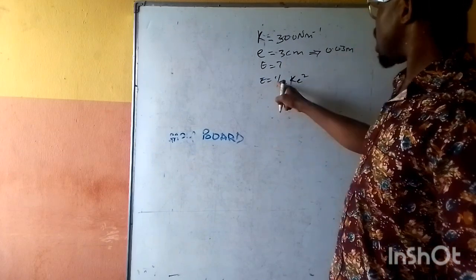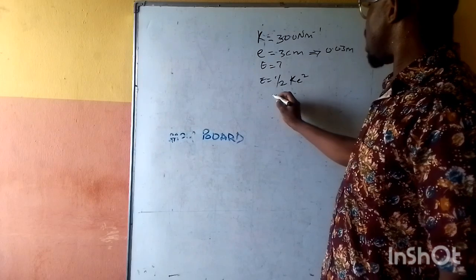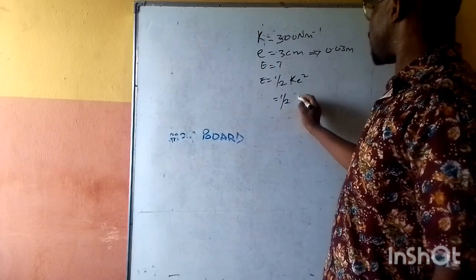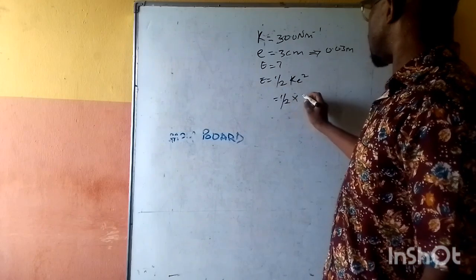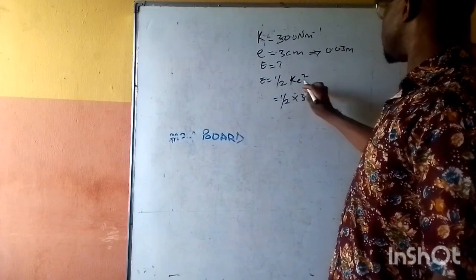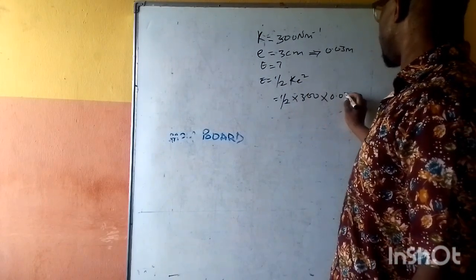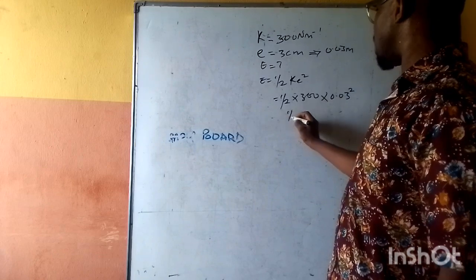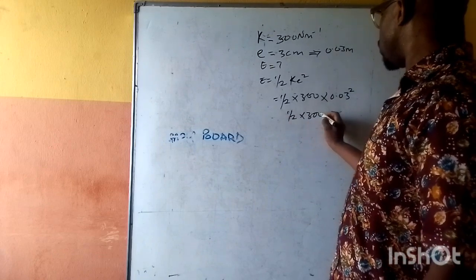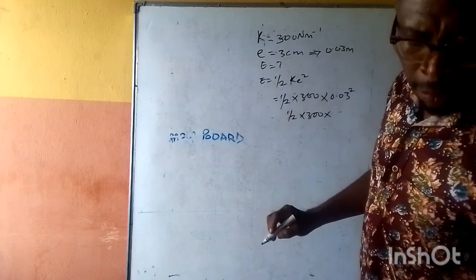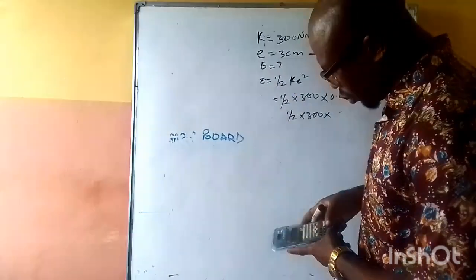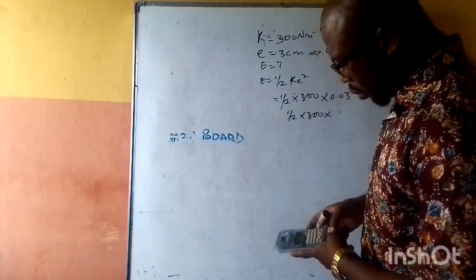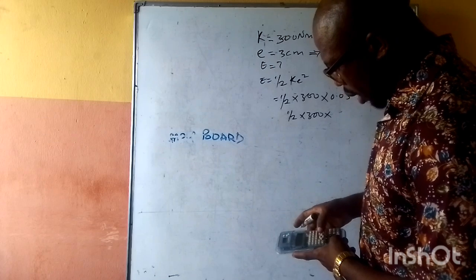Now, we will have energy stored equal to half times K, which is 300, times e, 0.03 all squared, which will give us half times 300 times 0.03 squared.